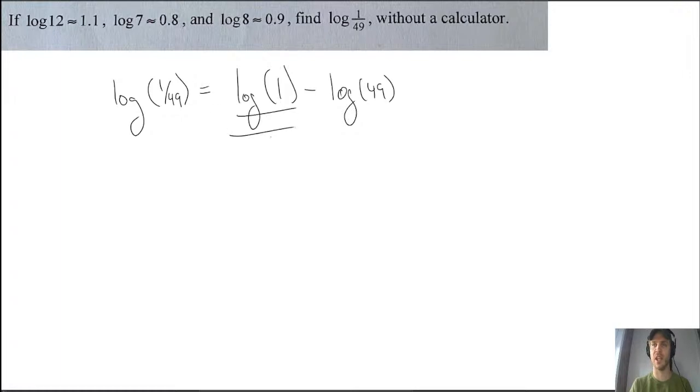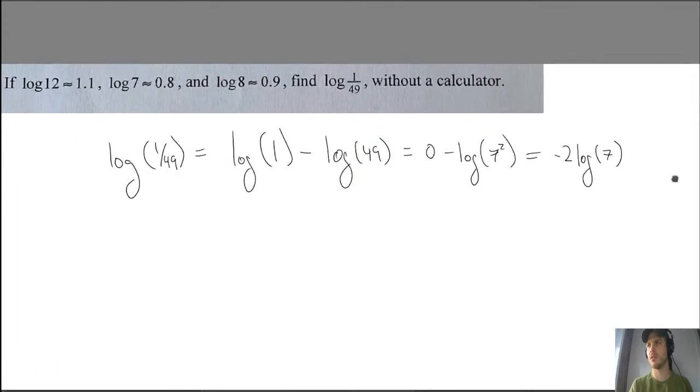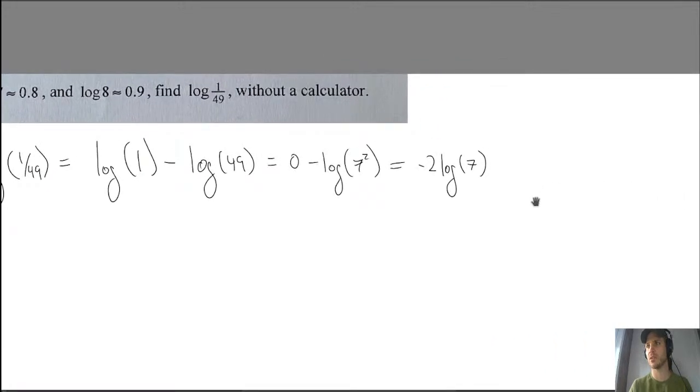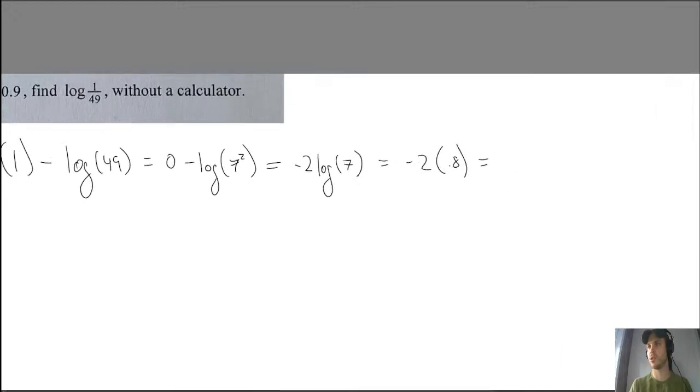And 10 to the what number equals 1? That's 0. So log of 1 is 0. 0 minus log of 7 squared, which is negative 2 log 7 by the power rule. And they say log 7 is 0.8, so this is negative 2 times 0.8, which is negative 1.6, approximately.